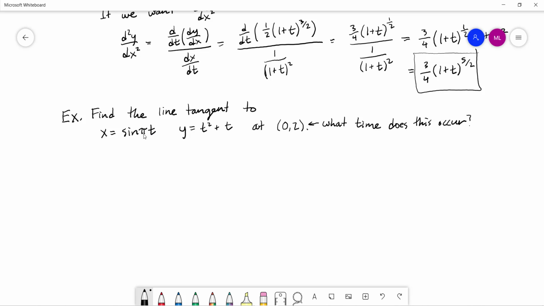In this case, if I set this one equal to 0, there's a lot of points where sine is equal to 0. It happens at 0, pi, 2 pi, 3 pi, basically any multiple of pi. So that only narrows it down a little bit to be basically having our t here be any integer.